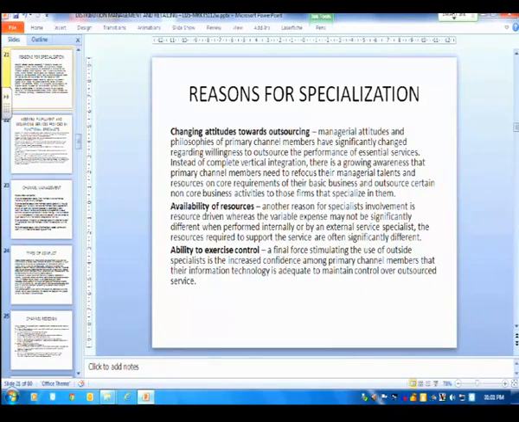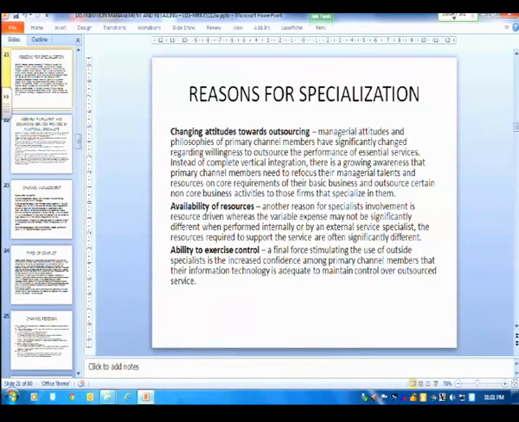Instead of complete vertical integration, there is a growing awareness that primary channel members need to refocus their managerial talents and resources on core requirements of their basic business and outsource certain non-core business activities to those firms that specialize in them.